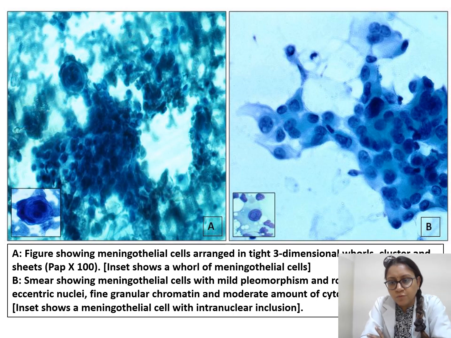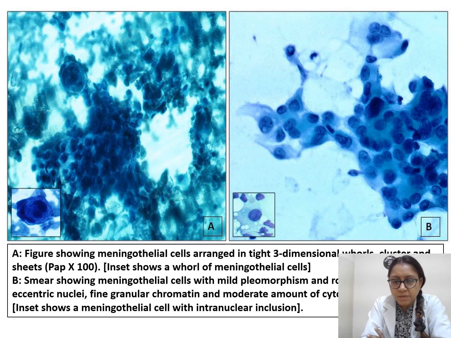So see, before we move on to the gross specimen, these are the images. In figure A you see these cells showing a ring-like formation, that is a whorled, 3D whorled structure of meningoepithelial cells, very characteristic of meningioma. Then you can see sheets of cells too, and in the inset of figure A, the small box, the cells you see show a whorl of meningoepithelial cells.